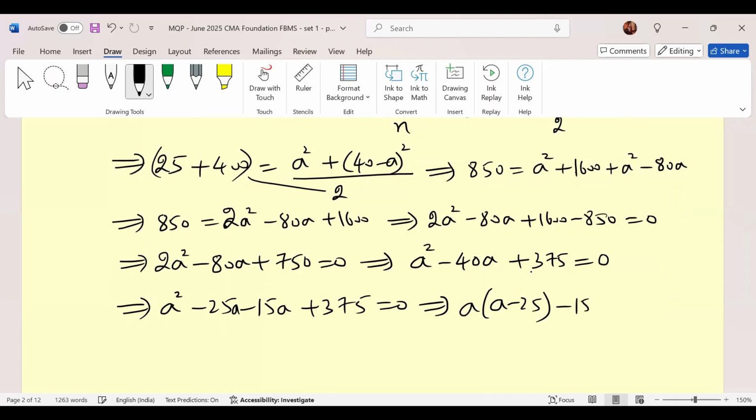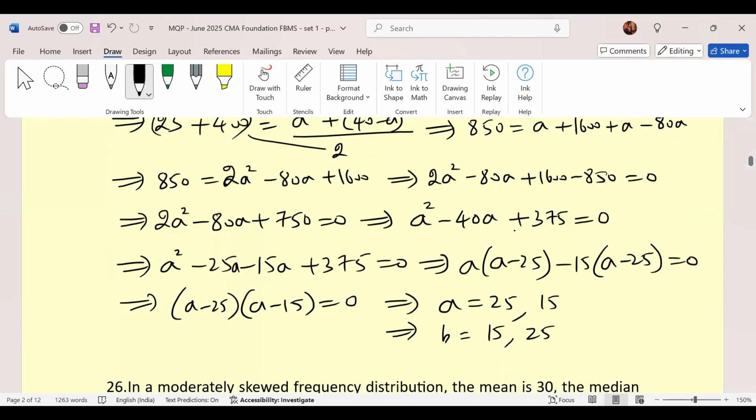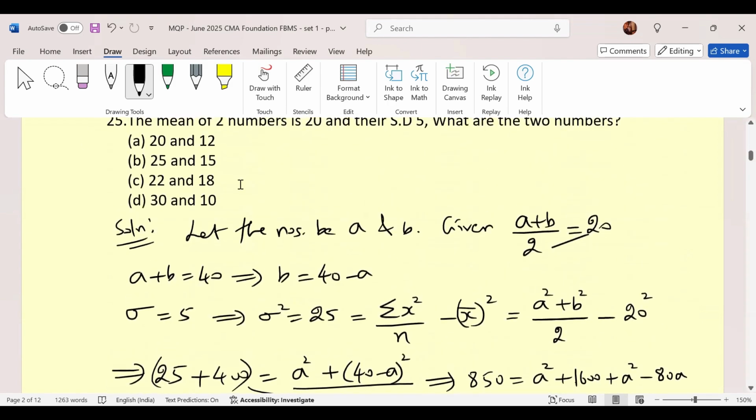Next two terms common is negative 15, a minus 25 equal to 0. Now common in these two terms is a minus 25 and then a minus 15 equal to 0, which means a is 25 or 15. That means b is 40 minus 25, which is 15, or 40 minus 15, which is 25. So the numbers are 25 and 15, which means our option is B.